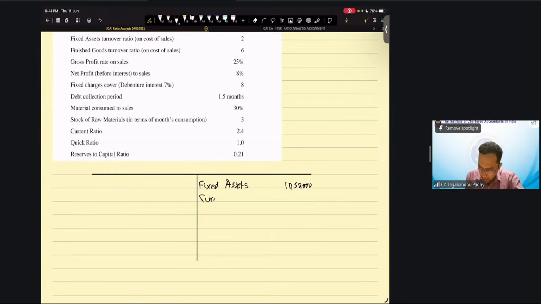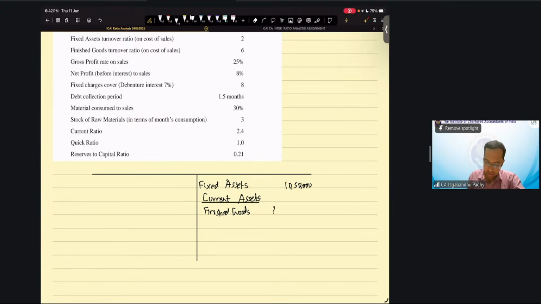So under current assets, we will have the value of finished goods to be calculated. Then we will have gross profit on sales, net profit. That's for computing COGS.